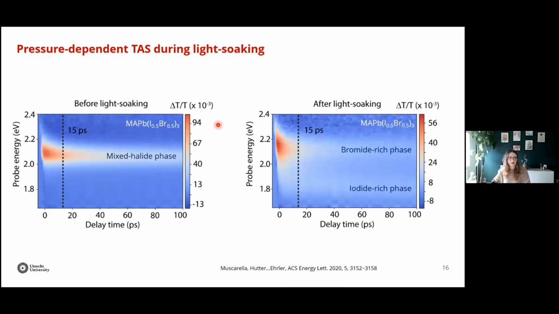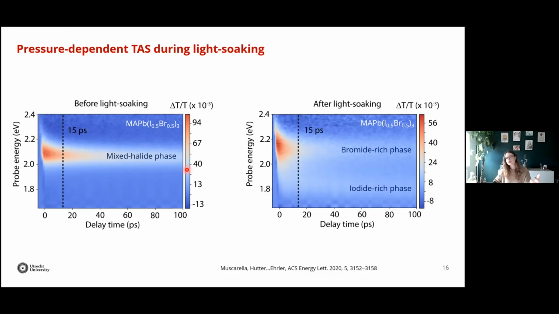So then going to the experiment. First of all, what we did was to check whether we could monitor phase segregation. And what we did was to measure transient absorption spectroscopy at ambient pressure of this composition before light soaking. And here we see only one positive peak, which corresponds to the absorption of the mixed-halide phase.